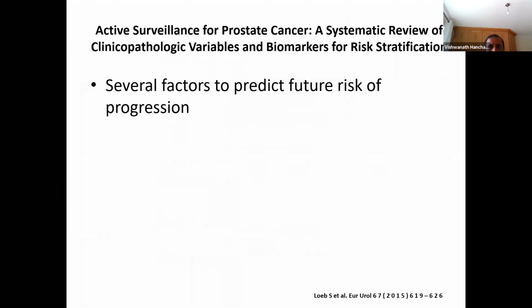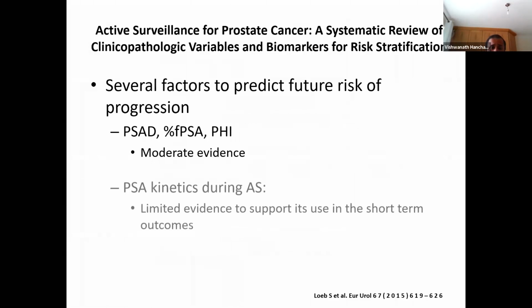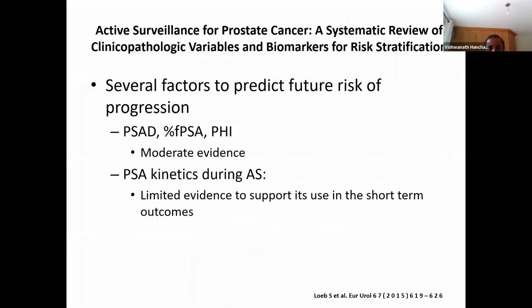I've found very little evidence in terms of biomarkers, but PSA density, percentage free PSA and PHI have moderate evidence in supporting active surveillance protocols. These are mainly to include patients into active surveillance, not for use during the active surveillance protocol.